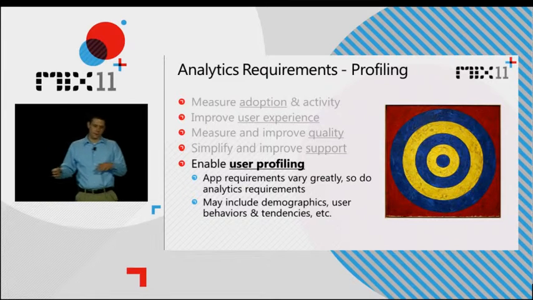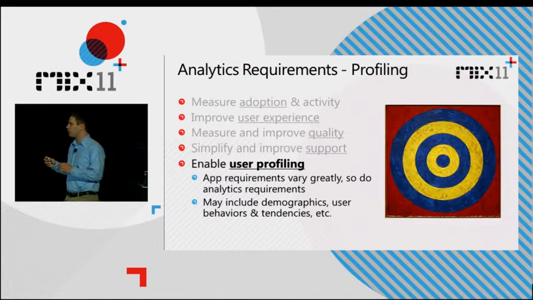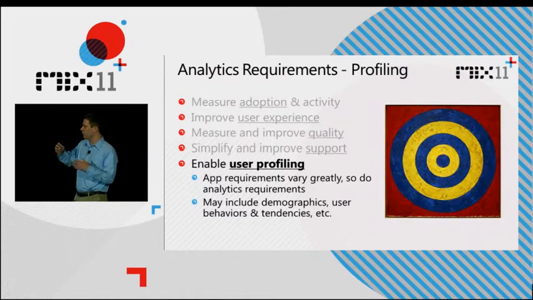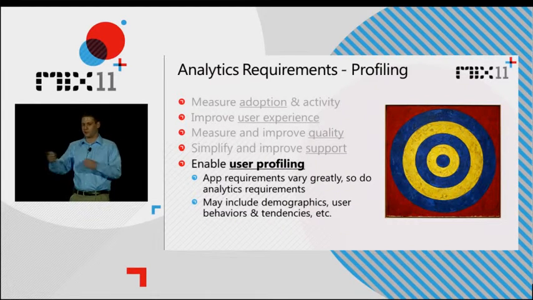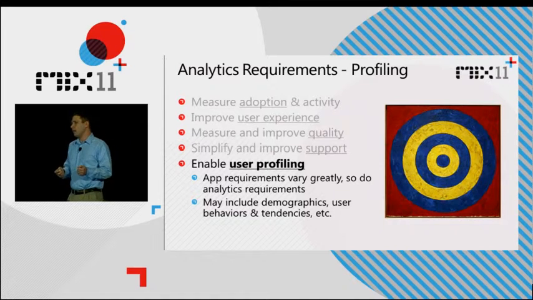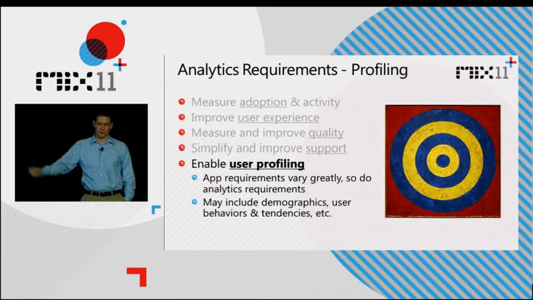User profiling is the next thing. It's probably the most complex, but we can actually figure out who our users are and where they're coming from. That could include demographics information, or it could include just their behaviors and their tendencies. As an example, let's consider an app that does news feeds.